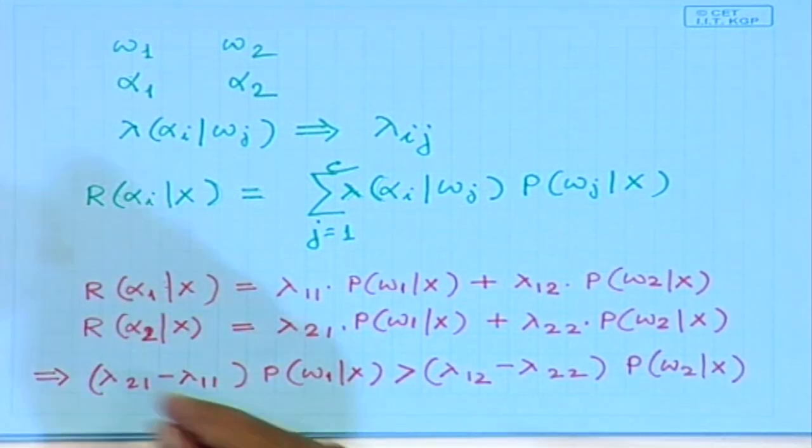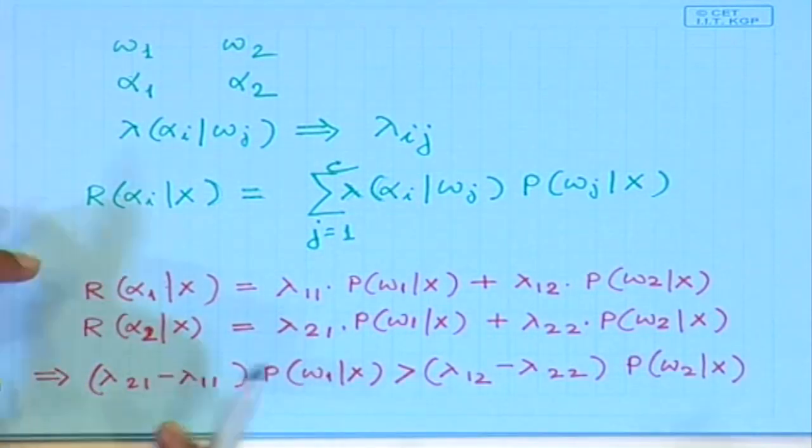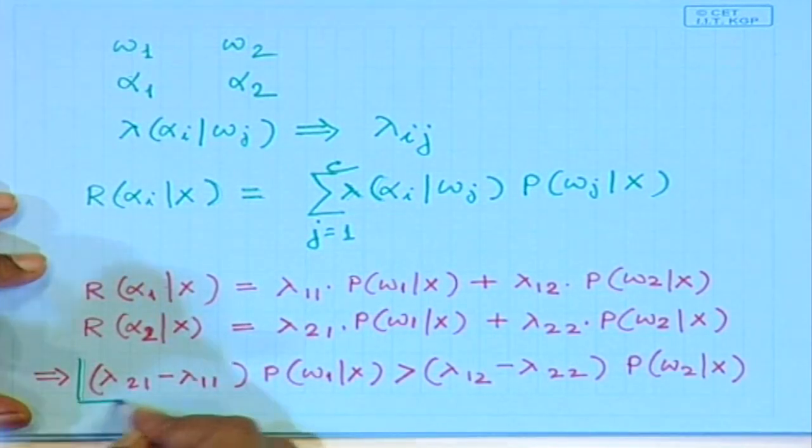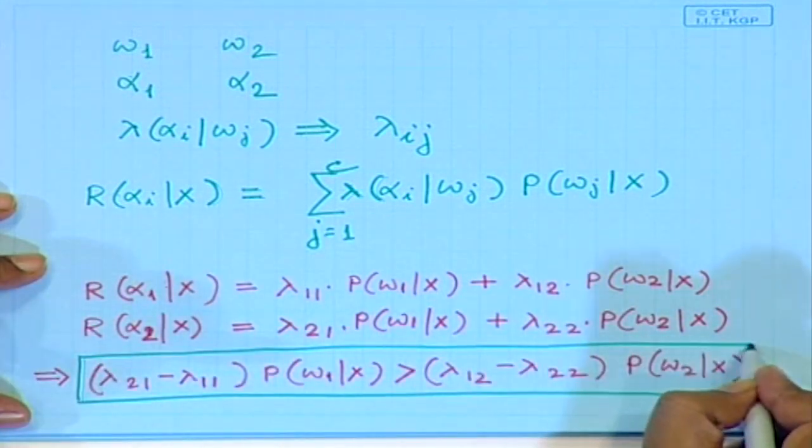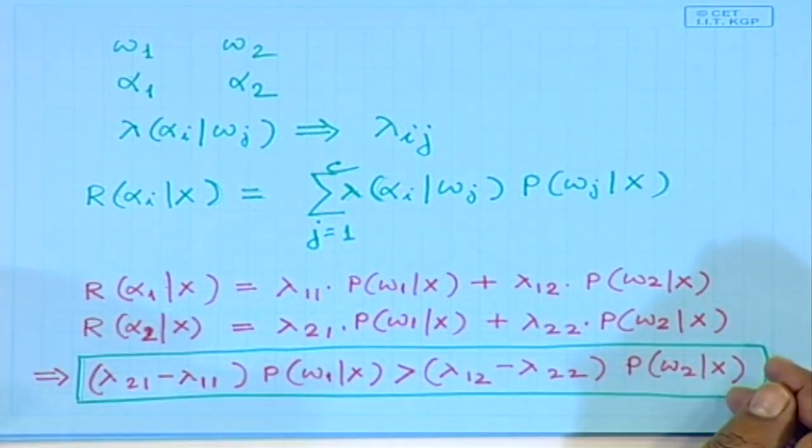So, this is the condition if I have to take decision in favor of class omega 1 or if I have to take action alpha 1.